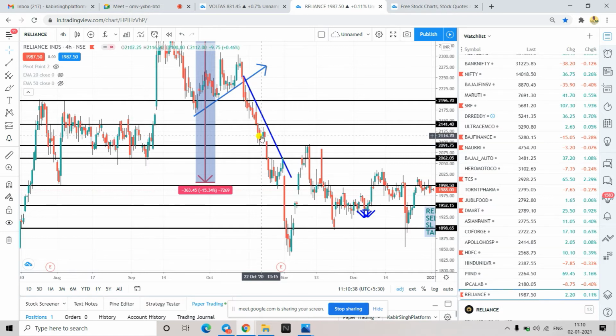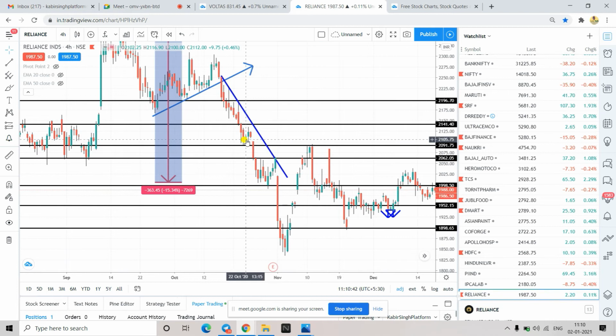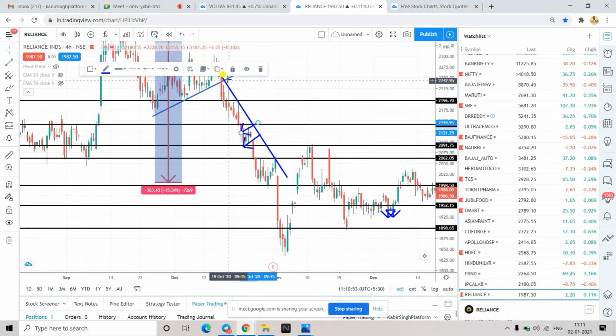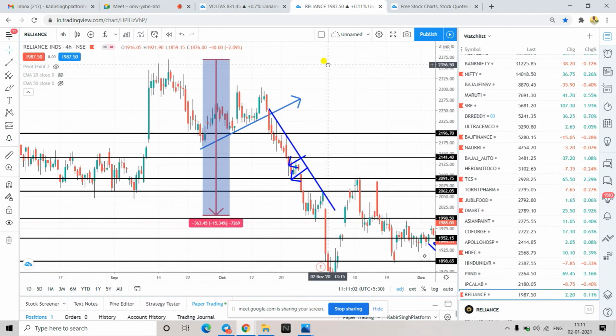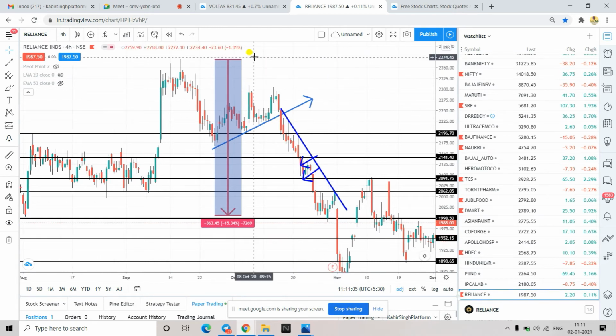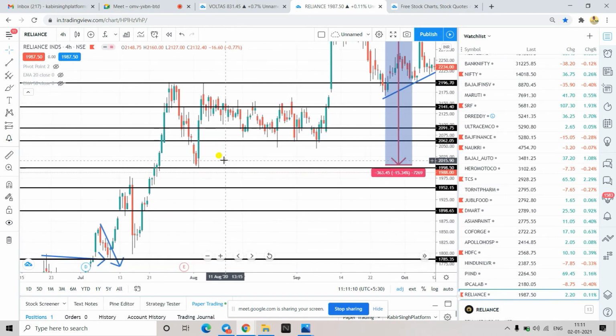These small green candles are nothing but a kind of profit booking. If I want to draw, I can make a flag out of here. These small candles after a steep fall are small profit booking, and when the low breaks again, you can anticipate a good fall. The flag pattern is bearish if the move is very bearish, and if it is very bullish, then you'll get a bullish flag pattern.